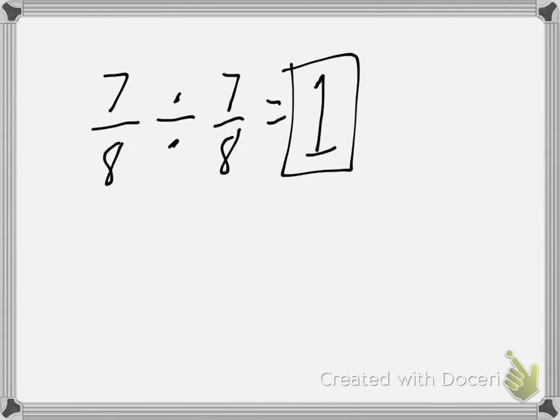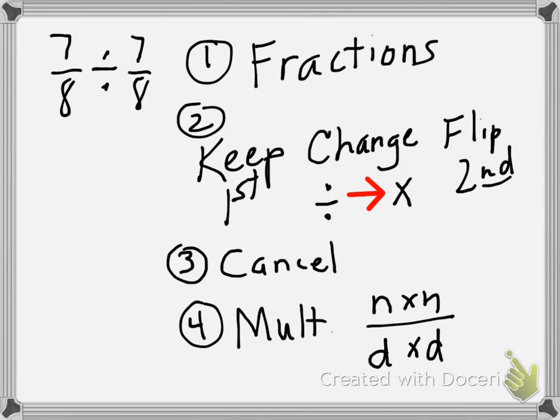Now we can go ahead and actually divide this problem. If we're going to divide it, we have several steps that we do. Number 1, we have to make sure that they are fractions. These are already starting out as fractions. Then we're going to use what we call keep, change, flip. We're going to keep our first fraction, so we're going to keep 7/8.